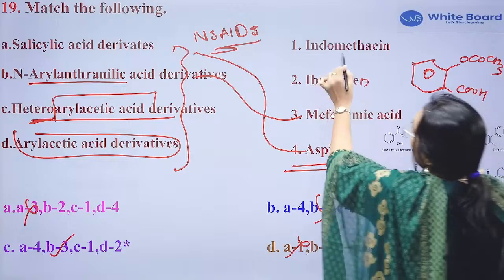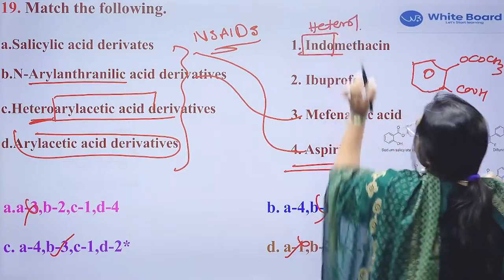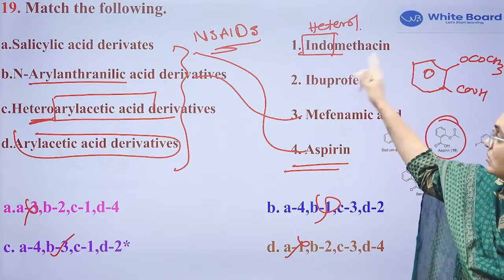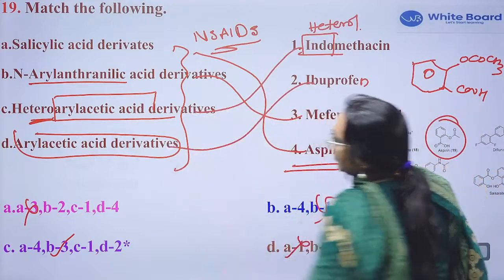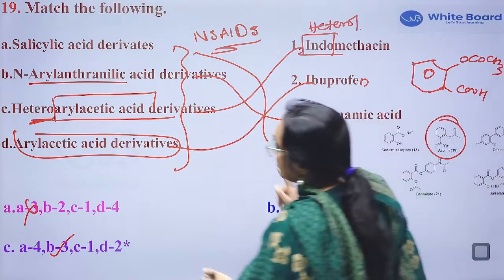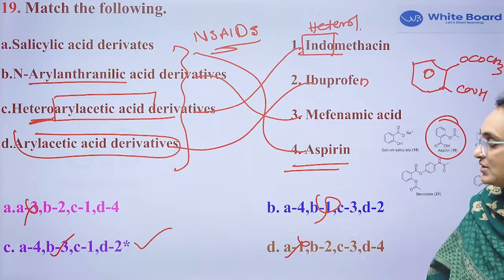Indomethacin means an indole group is there, so it is a hetero group. This is an example for heteroaryl acetic acid. Ibuprofen is an example for aryl acetic acid derivative. So, C is 1 and D is 2. So, here the option is C.